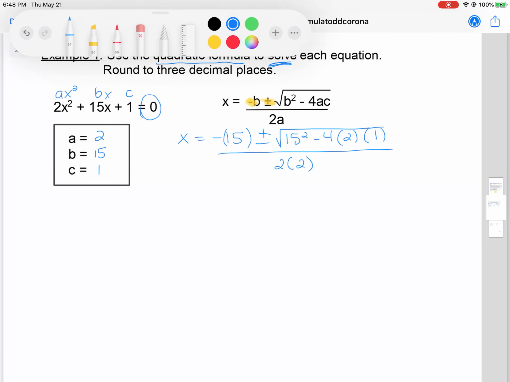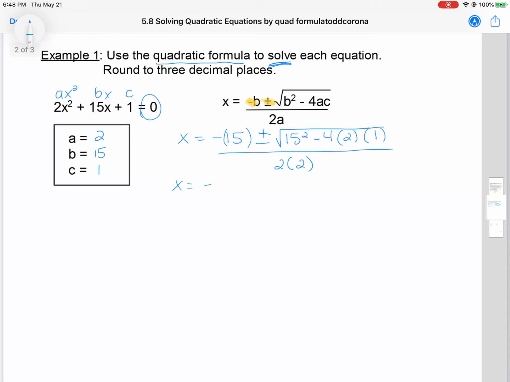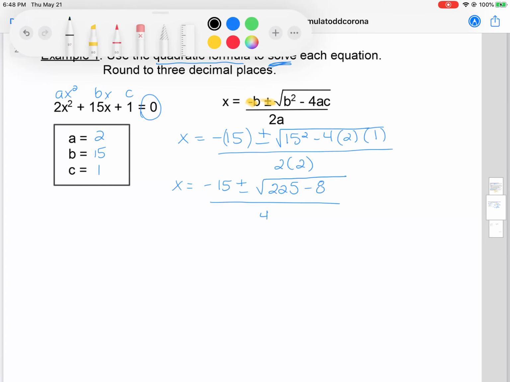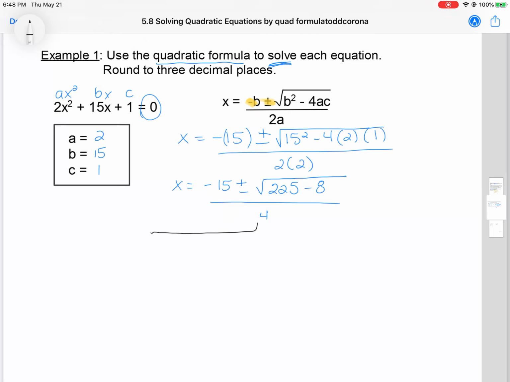One of the big ones is not forgetting to do negative b. You'll see why in the next equation how that can influence your values. So we have negative 15 plus or minus the square root. 15 squared is 225. 4 times 2 is 8, so minus 8, over 2 times 2, which is 4.